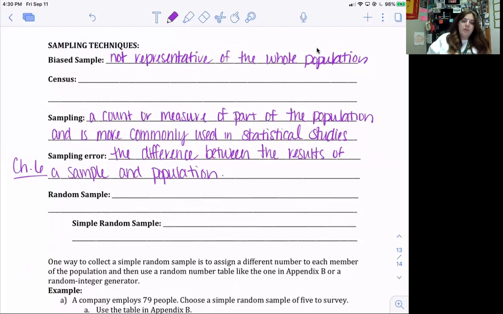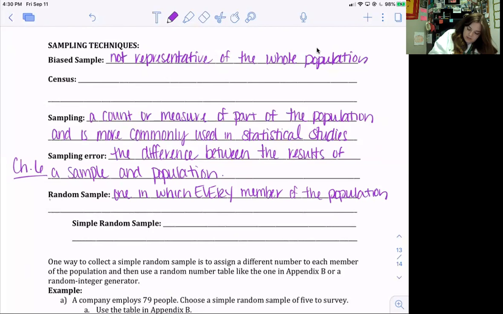Okay, so one of our sampling techniques is a random sample, and this is one in which every member of the population has an equal chance of being selected.